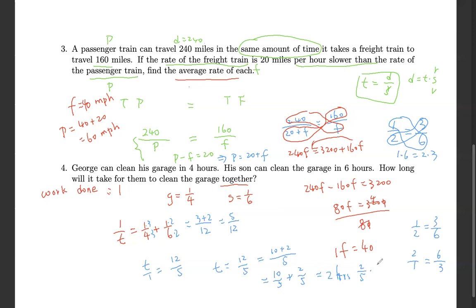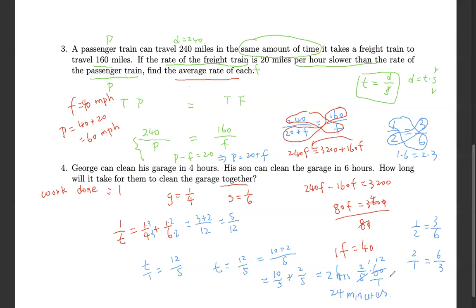How do we change to minutes? 1 hour has 60 minutes, so we multiply by 60. Then 60 divided by 5 is 12. 2 times 12 is 24. So 2 hours and 24 minutes.